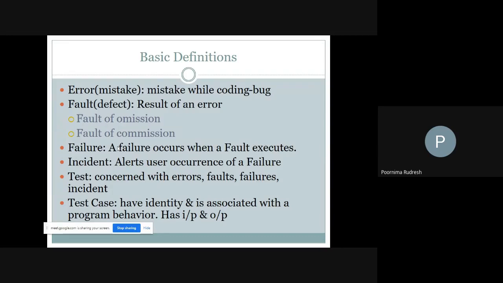Here, failures can occur only in an executable representation. That is, when you are executing the code, the failure occurs in the executable representation, or we can say in a precise manner, the failure occurs in the loaded object code.